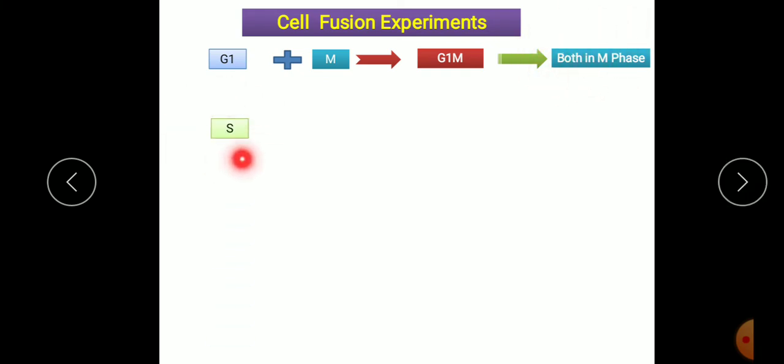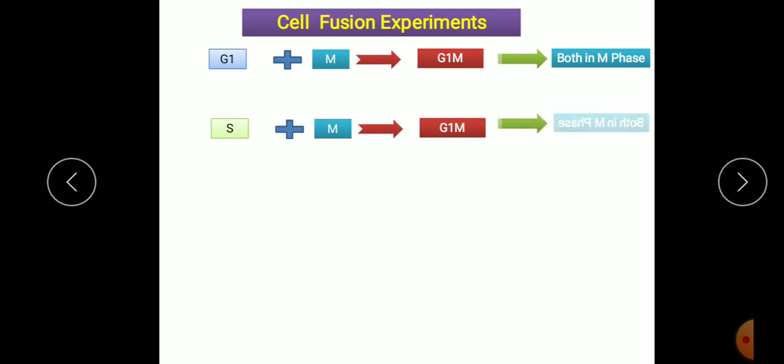Simultaneously, they carried out another experiment where they fused one cell in S phase and another cell in M phase. Here they also found that the syncytium formed is SM, and finally both cells enter into the M phase.